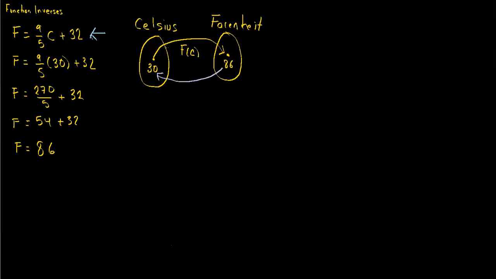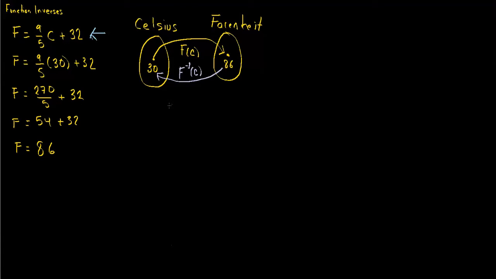Function inverses are the ones that complete this circle, and they have a very specific notation. You take the letter of the function you had, in this case the capital F, and then you write an exponent of -1. The rest remains the same. And this is read as the inverse of the function F of C.